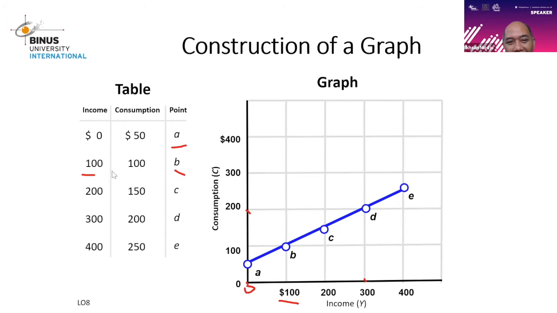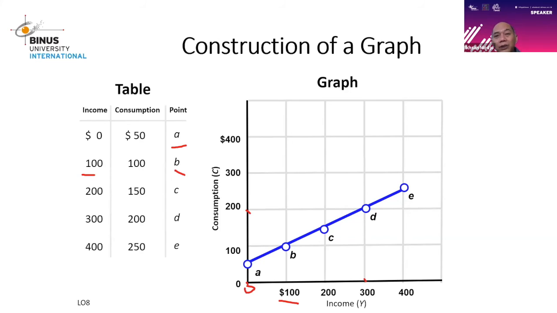So even though the relationship is a direct relationship, they are not proportional. The increase in income is not in the same proportion as the increase in consumption. But we're going to discuss that later. Now we focus on the graph.